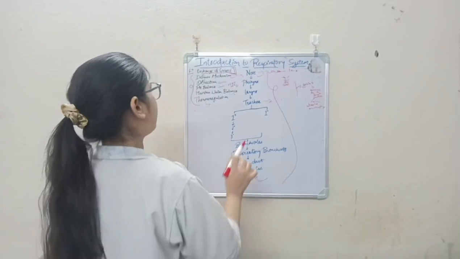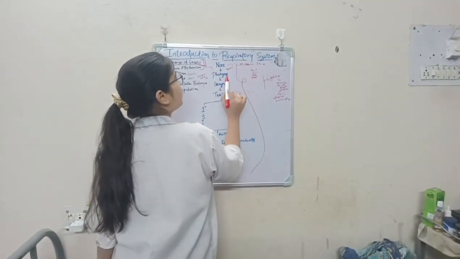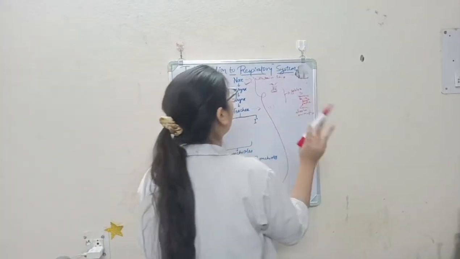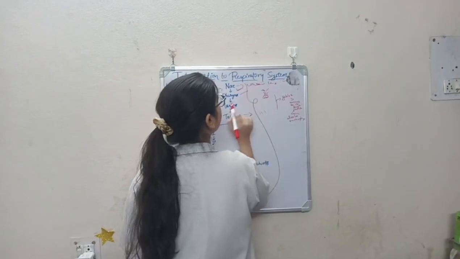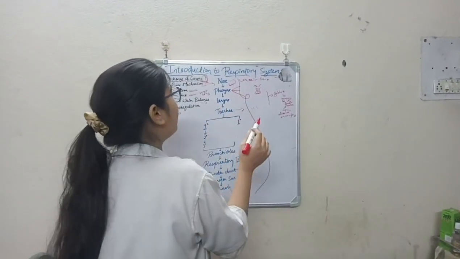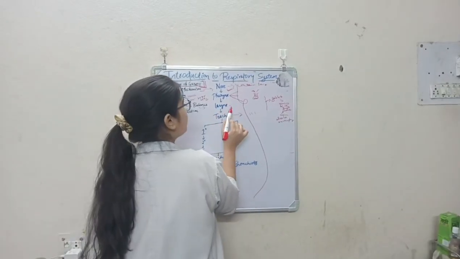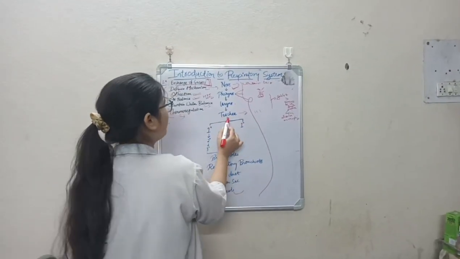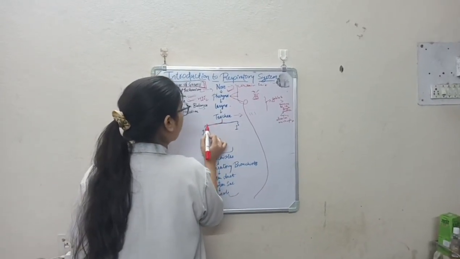Okay, so first it will start from the nose, then it will go to the pharynx. Pharynx is having three parts. First is the nasopharynx, second is the oropharynx, and third one is the laryngopharynx, and then larynx, then trachea. Then trachea will divide into the two primary principal bronchi.